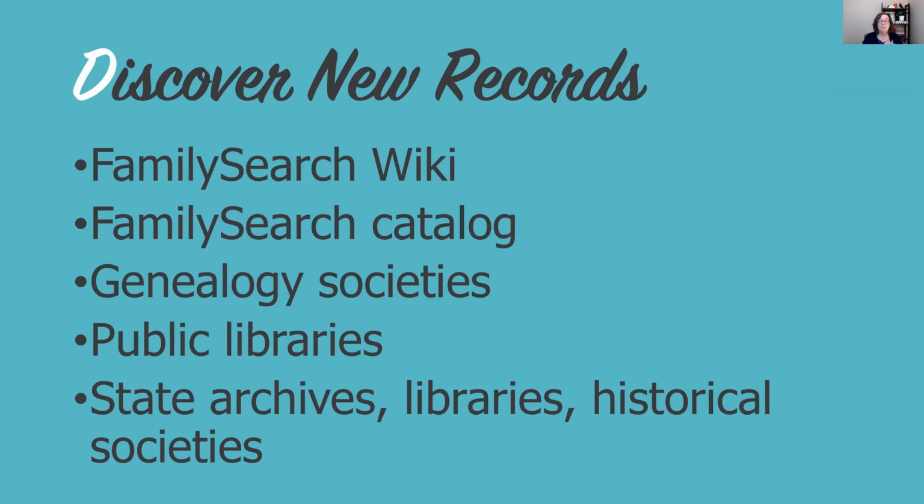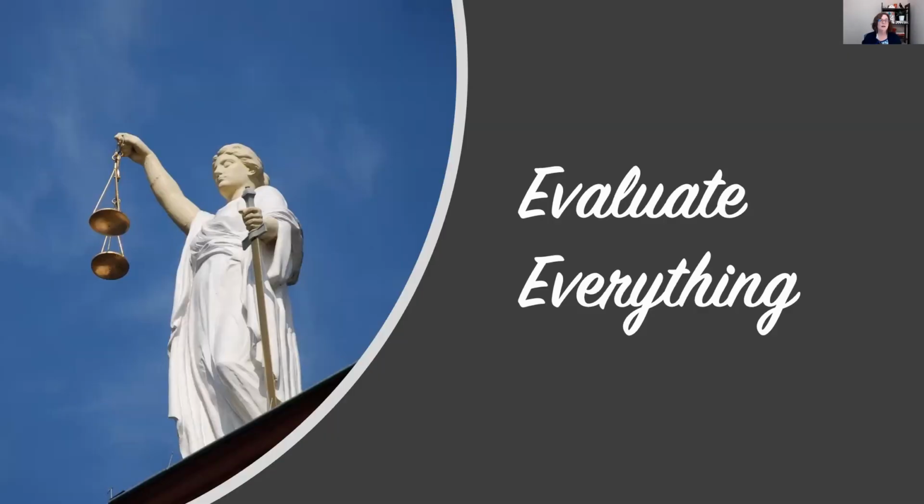Sometimes the best discoveries are made at that very local level. So take a look at all of those records as well. But that brings us up to the E in WANDER, which is evaluate everything.